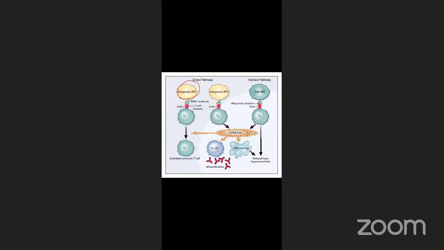Chemo attraction can be seen. This TC cell goes and binds with the MHC molecule with the help of the CD8 marker, and the communication between CD8 and the MHC molecule triggers the activation of the TC cell.